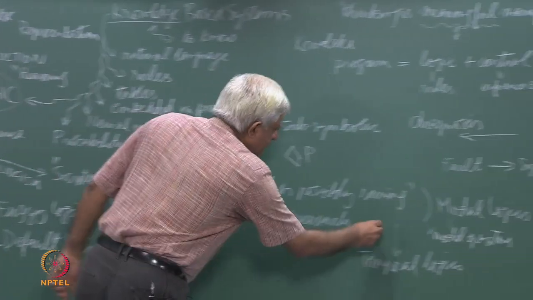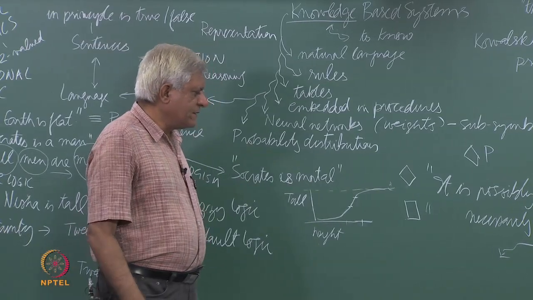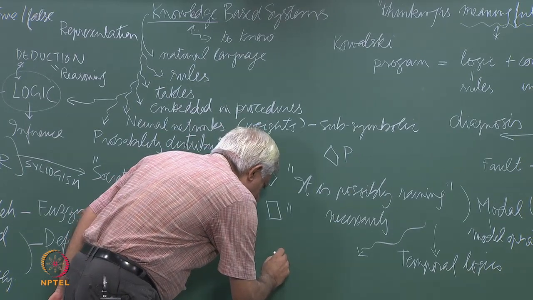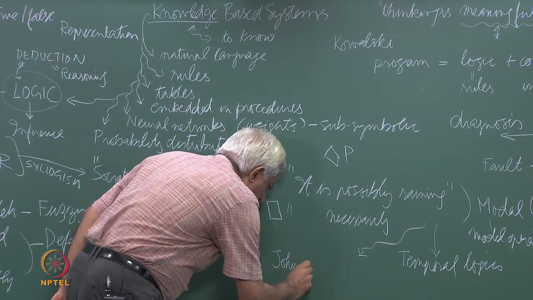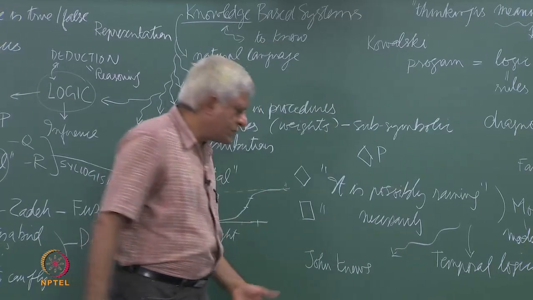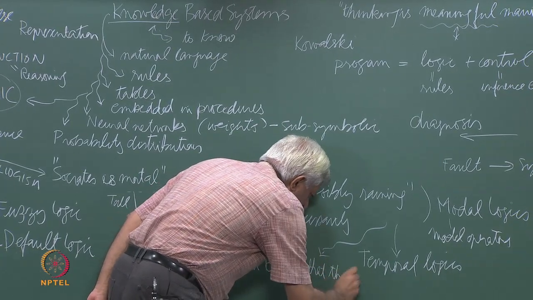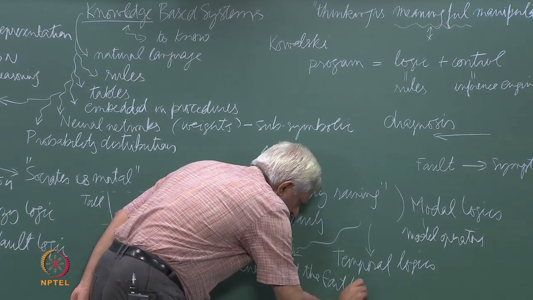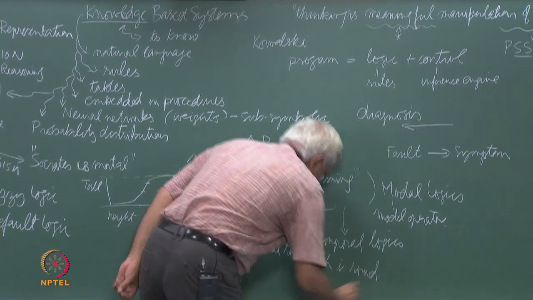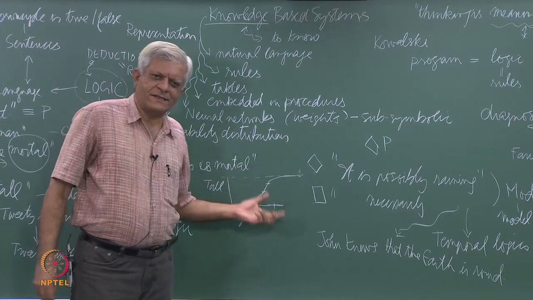Now, another kind of logic deals with statements like the following, that John knows that the earth is round. Now, look at this statement.